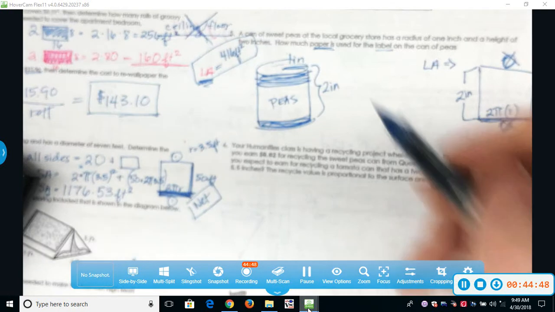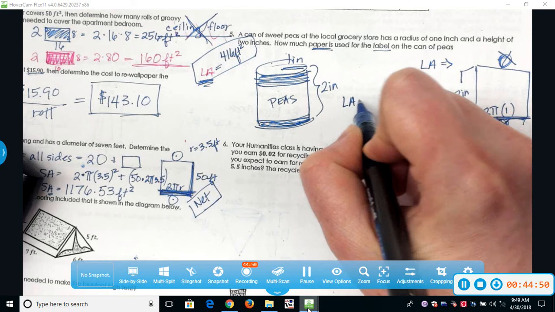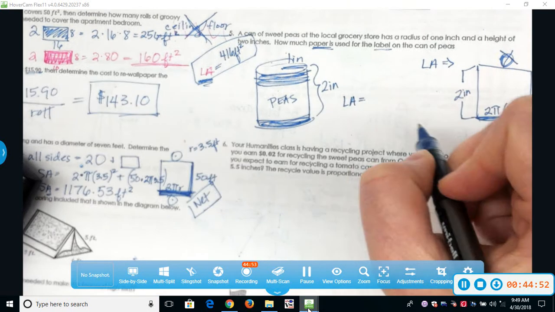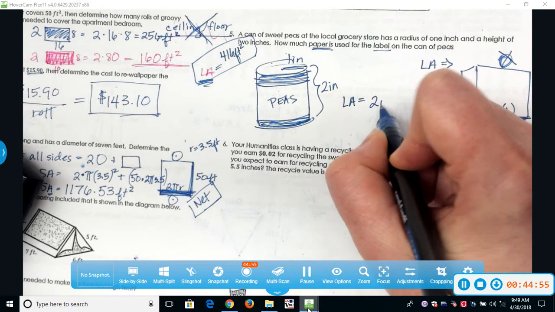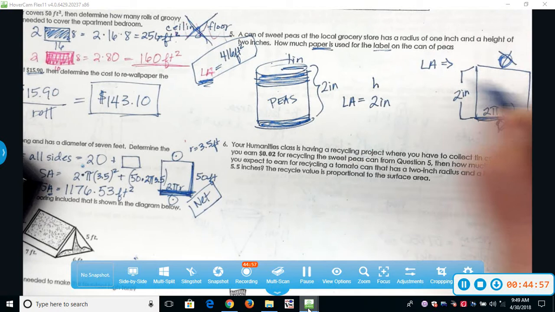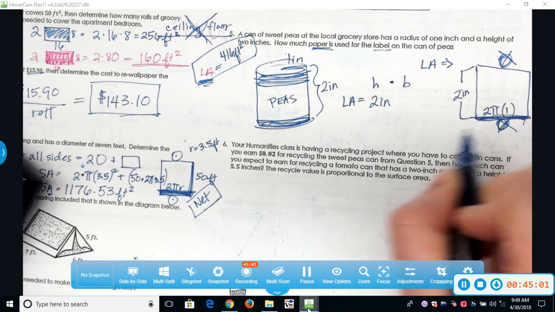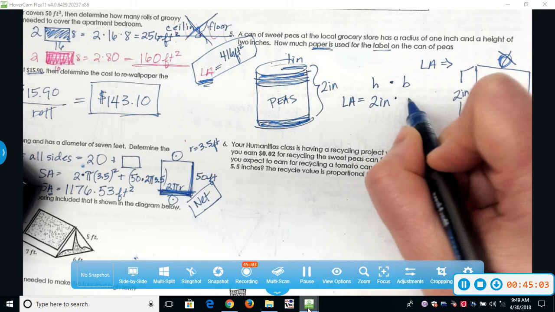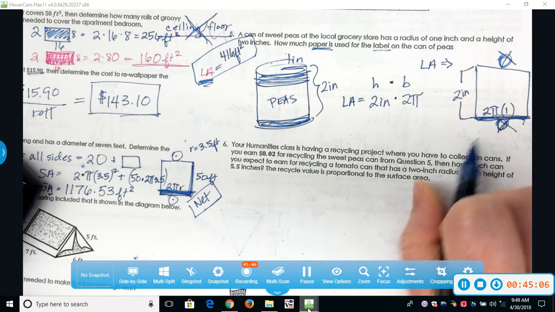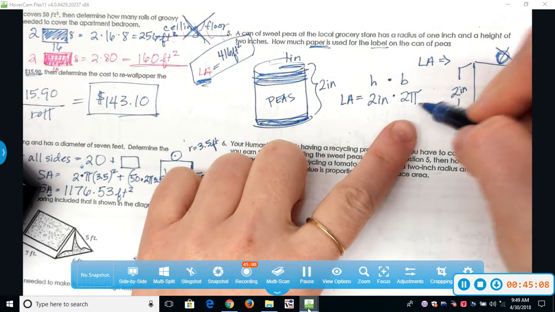All right. So my lateral area is 2 inches, that's the height, times the base, or the circumference in this case, 2 pi r. My r is 1, so it's just 2 pi inches.